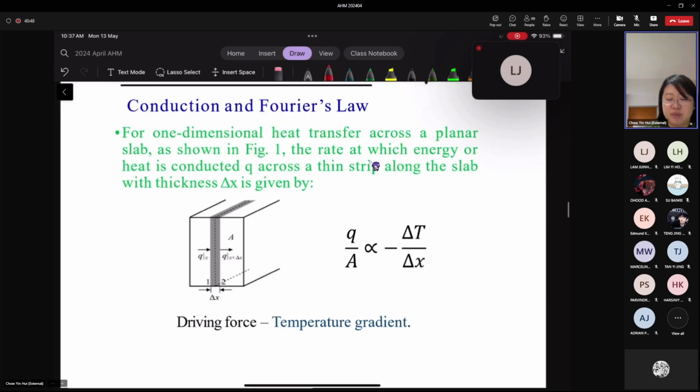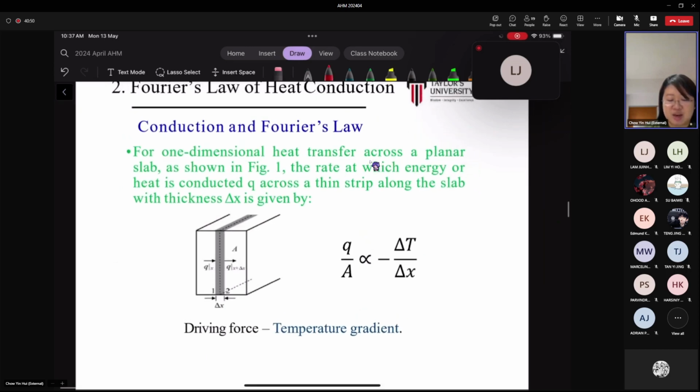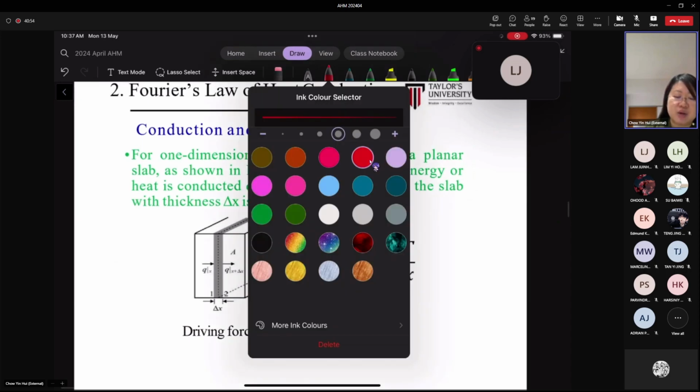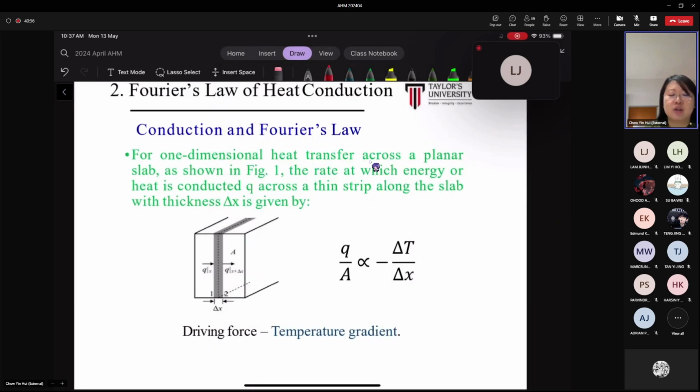Now let's look at the equation, how we are going to use it. By now you should know that conduction is governed by Fourier law. Let's say we are analyzing one-dimensional heat transfer across a slab, as shown in this figure, where heat is conducted across a thin strip with a thickness of delta x.